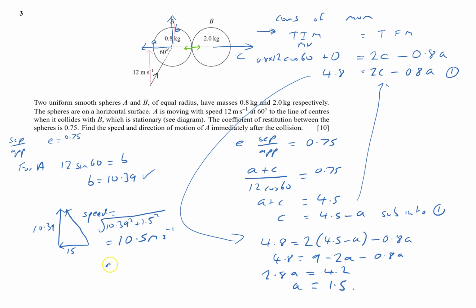And the angle, let's work out that angle there: tan inverse of 10.39 over 1.5, which equals 81.8 degrees to the line of centers, away from B, and that's probably as good a direction.